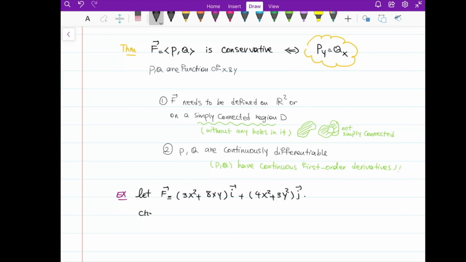Check if it is conservative and find the potential function f.